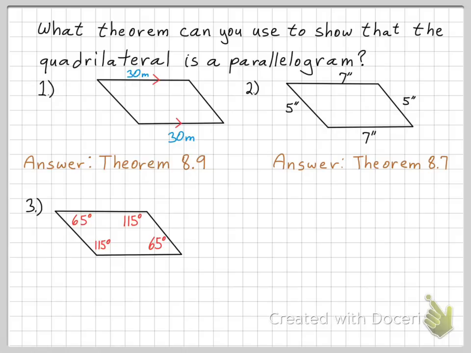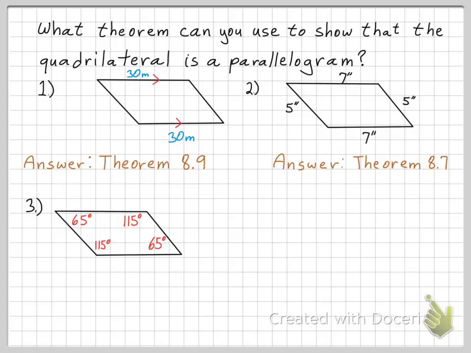And finally, we have this figure, this quadrilateral, and I see that I have an opposite pair of angles that are congruent, and this opposite pair of angles are congruent. So these are both pairs of opposite angles that are congruent, right? This is congruent with that, excuse me, and this is congruent with that.